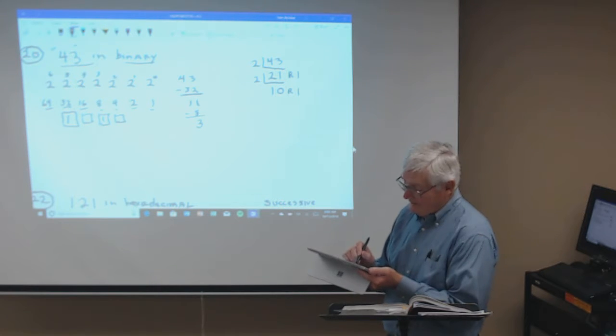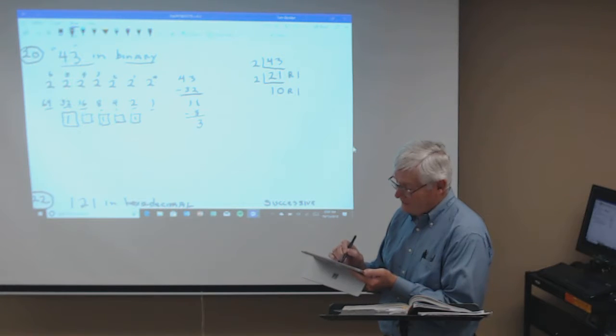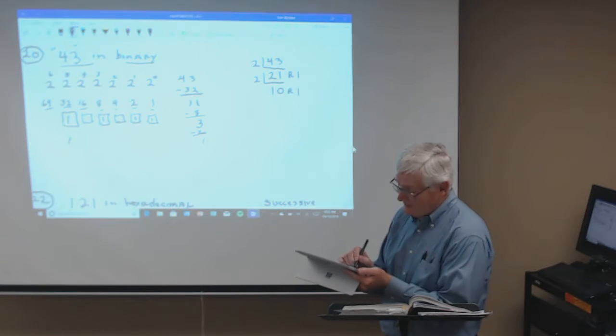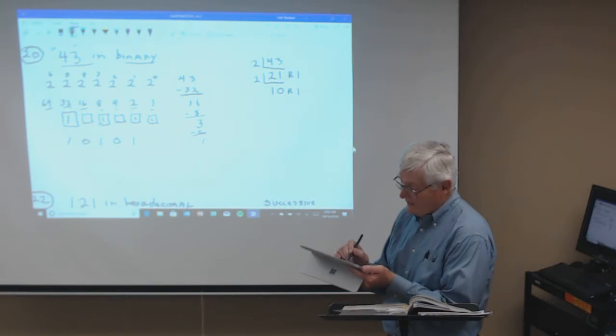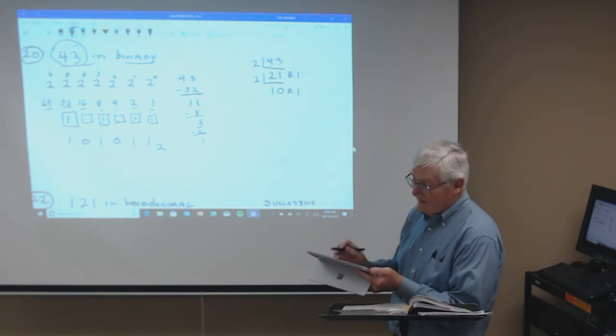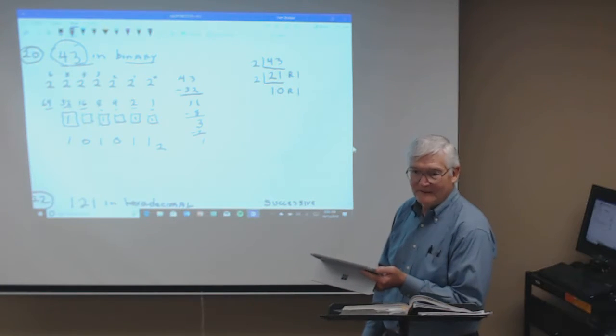And 3 would have 1 two, subtract 2. Now I'm left with 1. And 1 one. So the numeral would be 1, 0, 1, 0, 1, 1 in the base 2, which is 43 in the decimal notation. You like that?